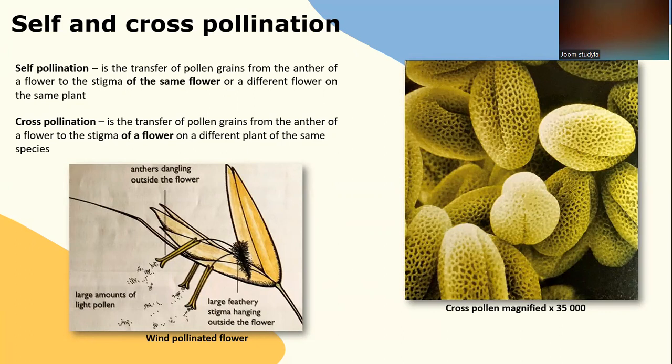Whereas cross-pollination is the transfer of pollen grains from the anther of a flower to the stigma of a flower on a different plant of the same species. This is an example of cross pollen, which is put under a microscope, magnified times 35,000. And this is a diagram of the process of wind pollinated flowers.